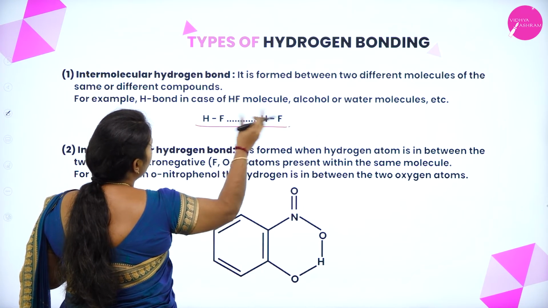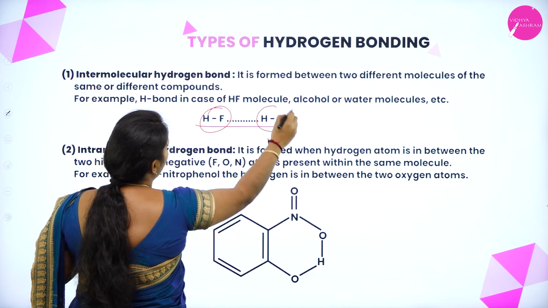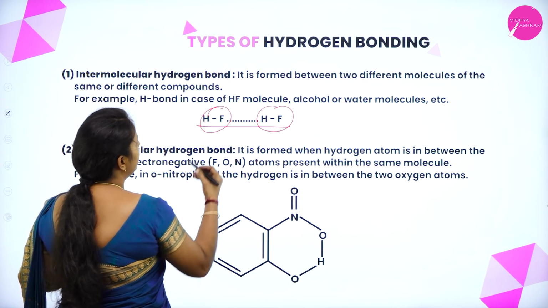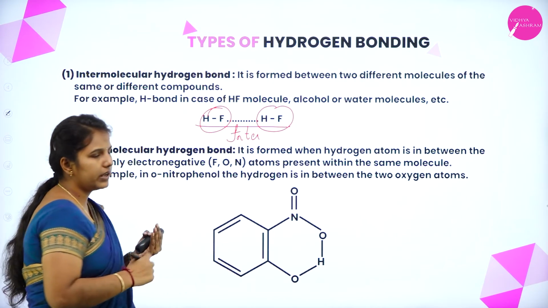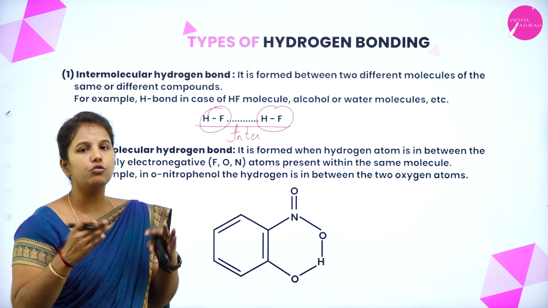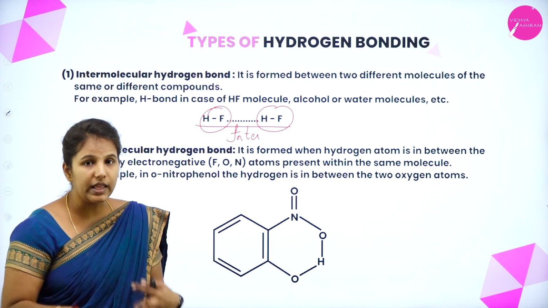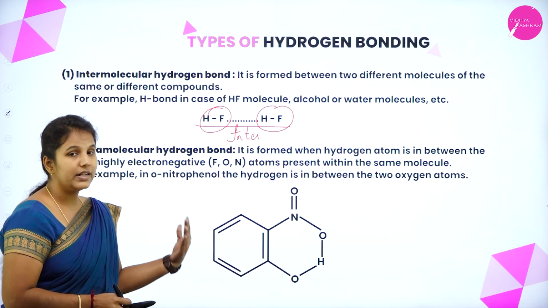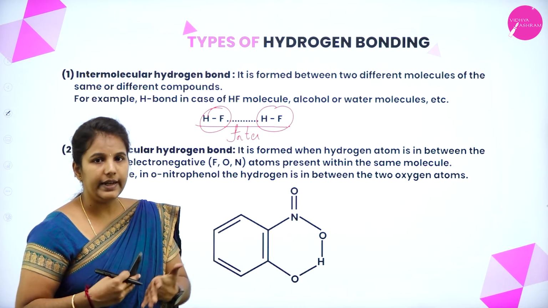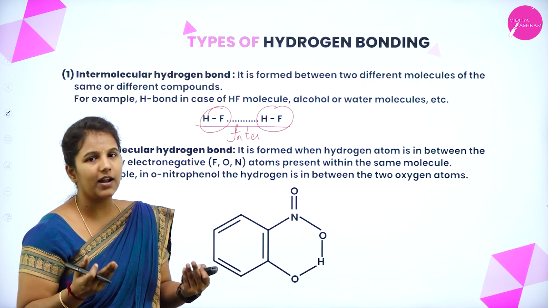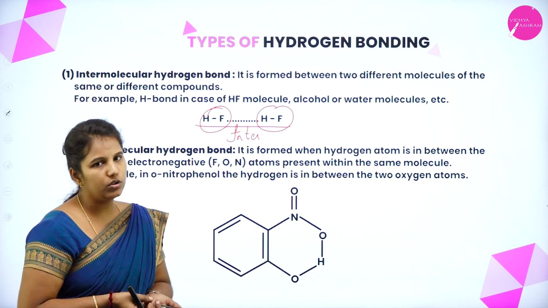Between the 2 molecules, if hydrogen bonds are formed, then we say it is inter. What does inter stand for here? Inter means between 2 molecules. If it is within the molecule, we say it is intra. If it is between 2 molecules, we say it is inter-hydrogen bonding. It always occurs between the same or different molecules.